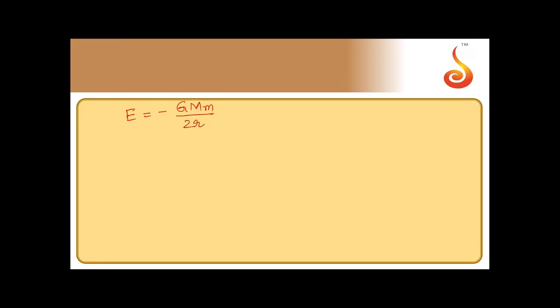Now when you move it to 3r, that will be equal to minus GMm by 6r. When it is at 2r, it is minus GMm by 4r. So energy required, delta E is equal to the difference in these two: minus GMm by 6r, this is final, minus initial, minus GMm by 4r.